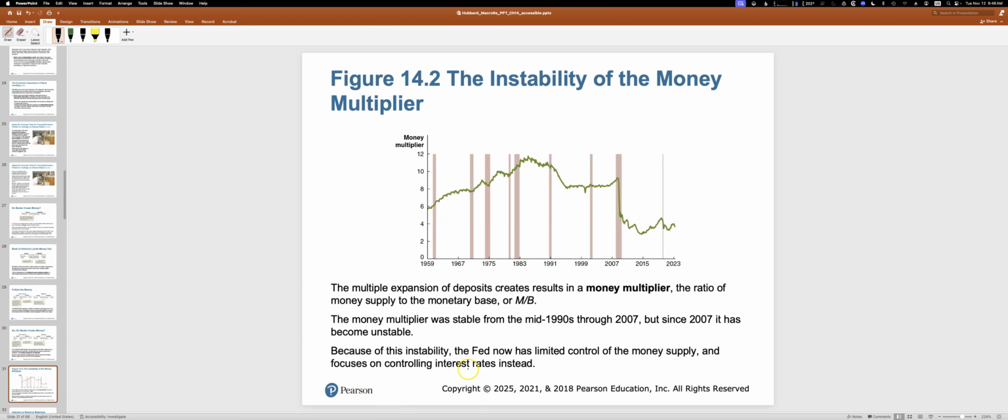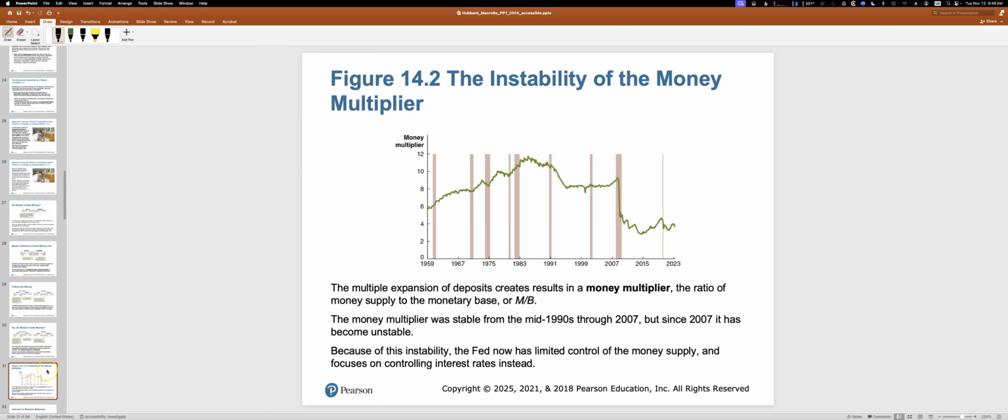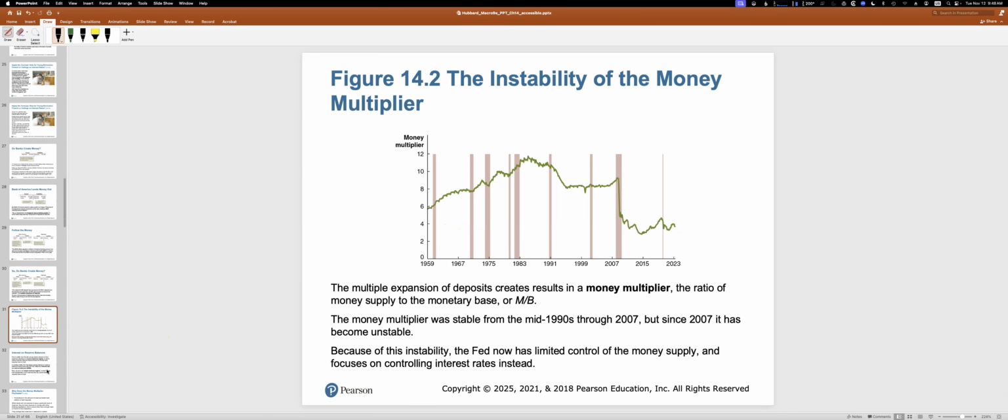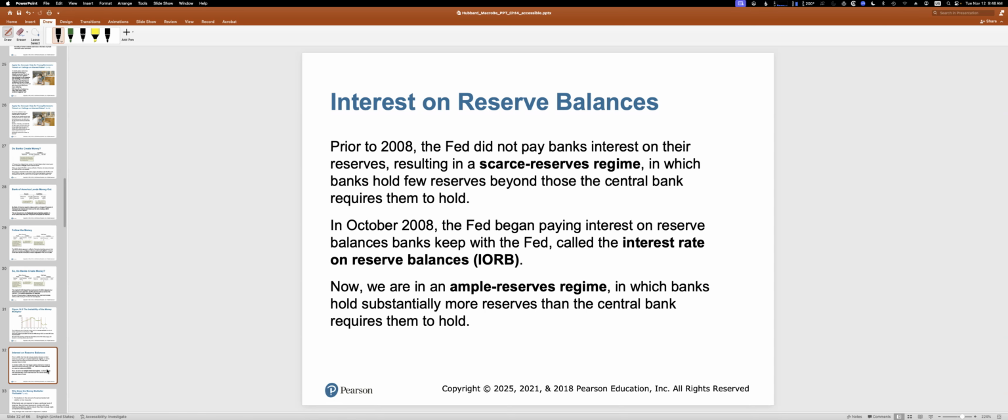It really focuses almost entirely on controlling the interest rate, because they can't really control the money supply through the banking system process, because banks are just doing unpredictable things with their money. So the question would be, what does controlling the interest rate do? How does that change the money supply?